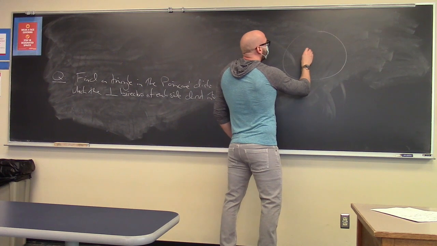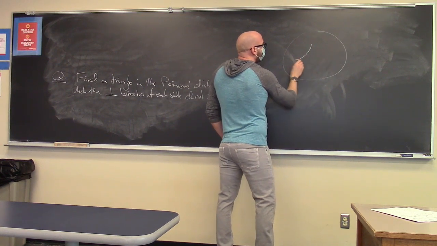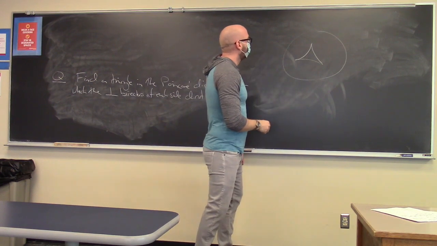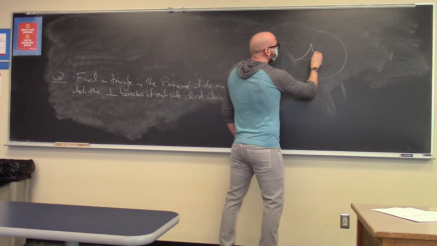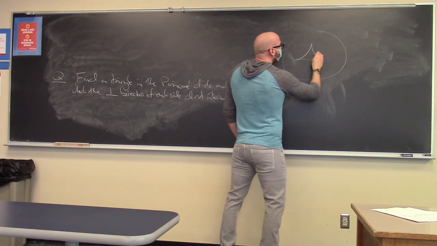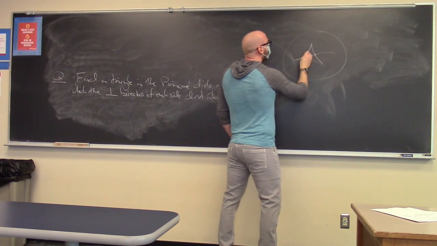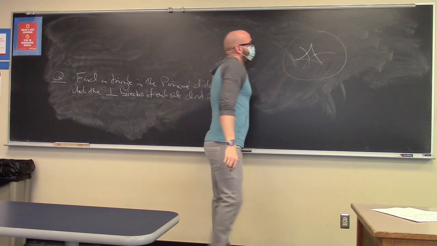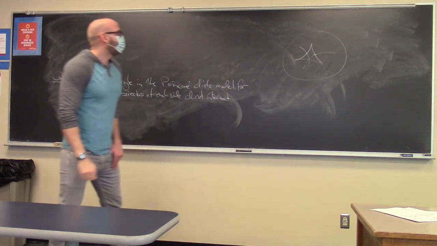Right, and some do. For example, if I drew this triangle, and I took the perpendicular bisector of this side, it looks probably something like this. Perpendicular bisector of this side probably looks something like this. Then they're intersecting.